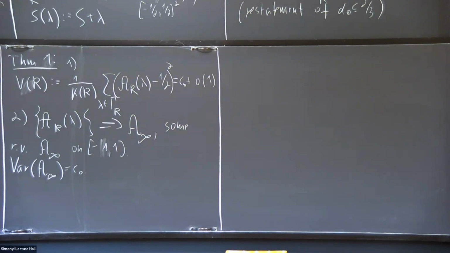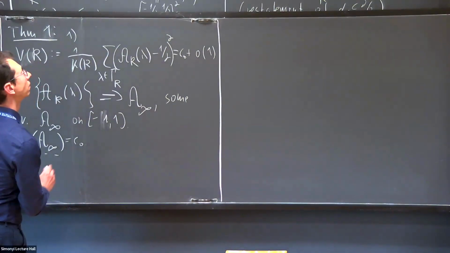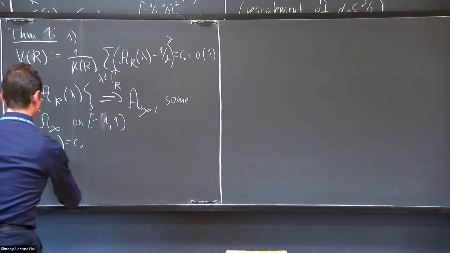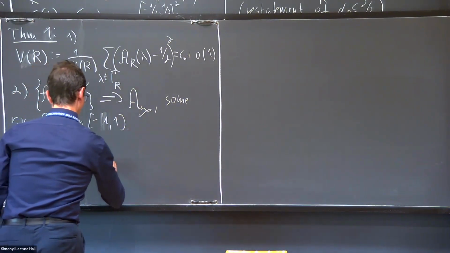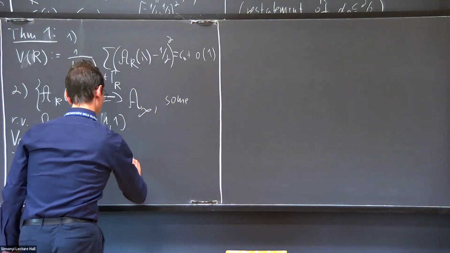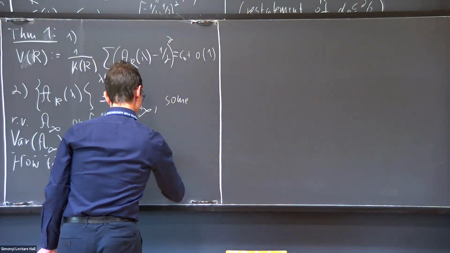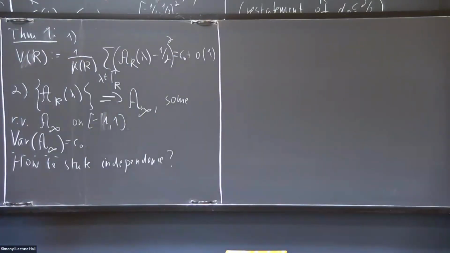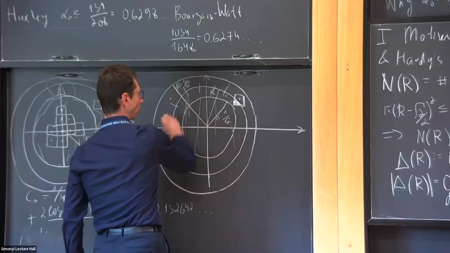Now we're asking the question how to formulate the independence of those numbers. For this purpose, we're going to order these lambda according to non-decreasing order of their argument.